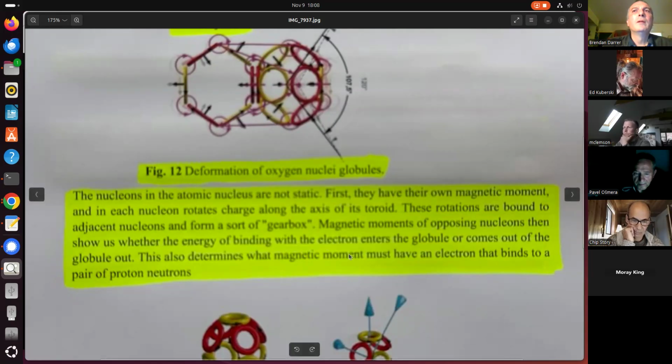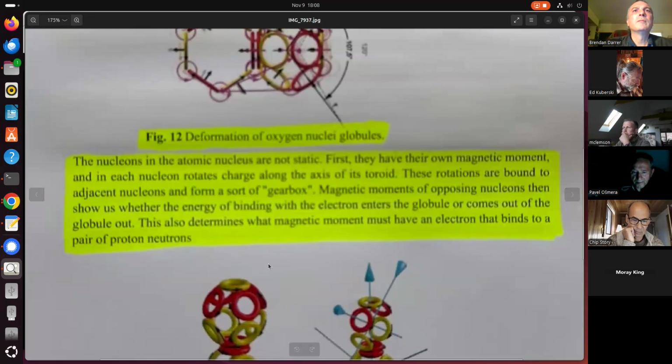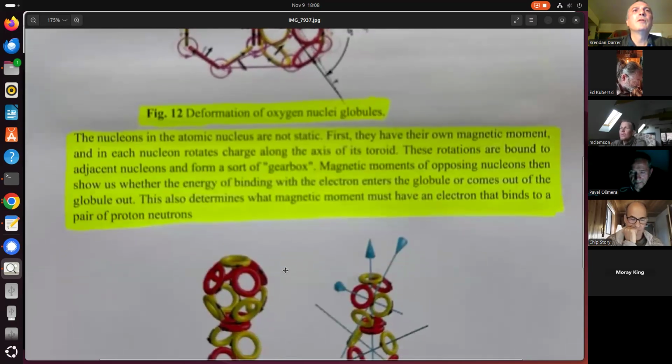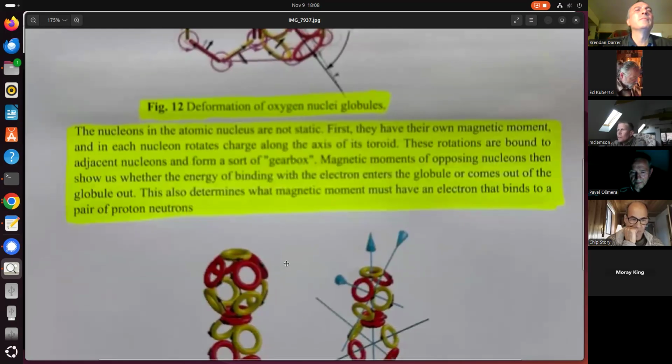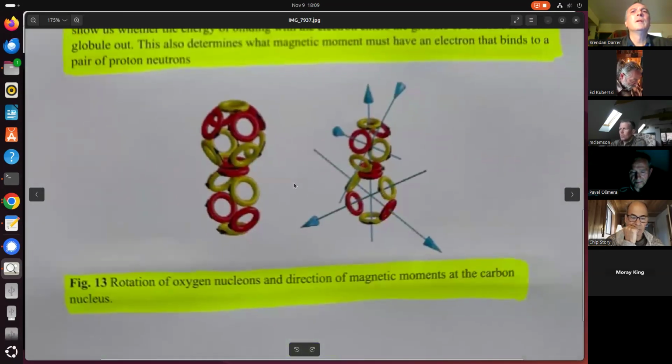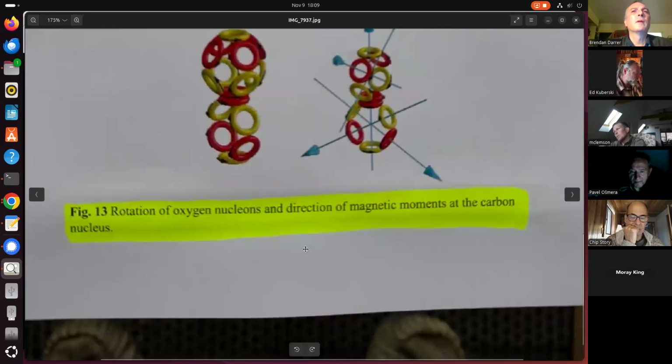So it either goes in or out. This also determines what magnetic moment must have an electron that binds to a pair of neutrons. Rotation of oxygen nucleons and direction of magnetic moment at the carbon nucleus.